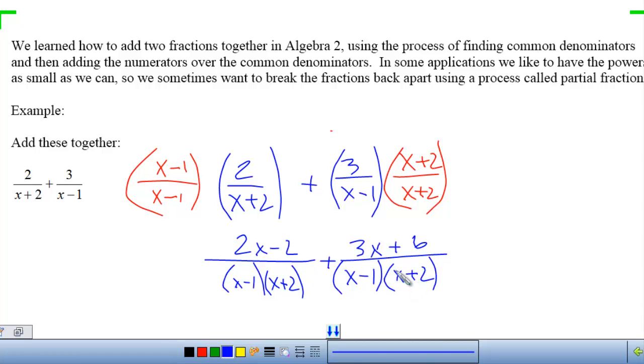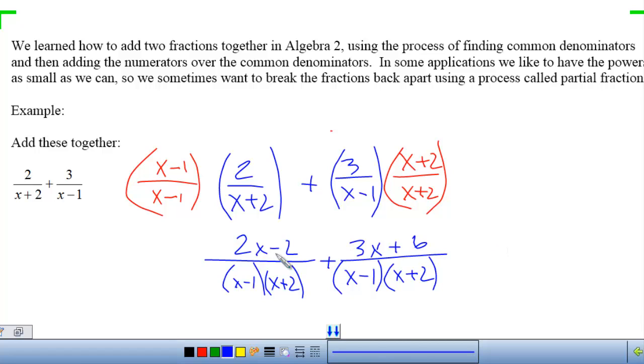The reason I leave them as factors down here instead of combining at this point is that sometimes if we didn't quite find the lowest common denominator, there will be some reducing we might be able to do with these terms. But if I've already combined or expanded them out, that makes it more difficult to see.